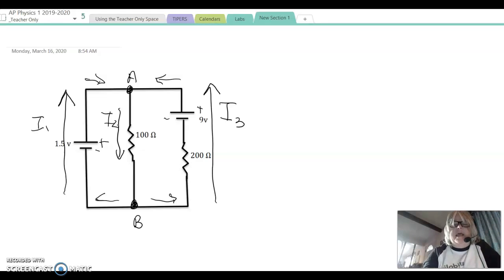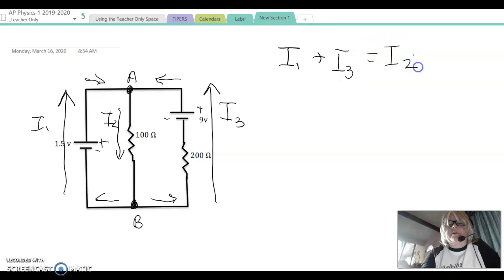So in junction A, current 1 plus current 3 has to be equal to current 2. And if I look at junction B, that basically says the same thing, but in reverse. Here we have current 2 flowing in and current 1 and 3 flowing out.